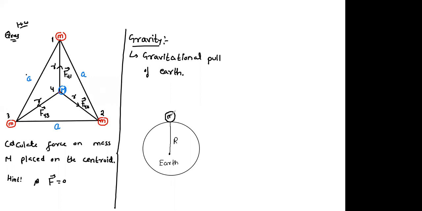I placed a body of mass m on the surface of Earth. The separation between the center of Earth and this body of mass m is capital R. So the force which Earth exerts over this mass m will be F is G, where the mass of Earth is capital M, the mass of this body is small m, and the separation between the body and the center of Earth is equal to the radius of Earth, that's R. This is R square.